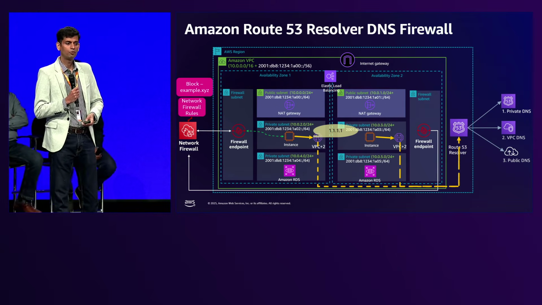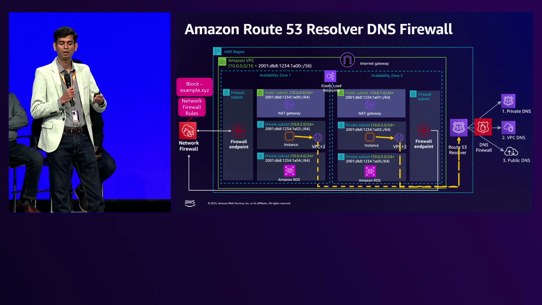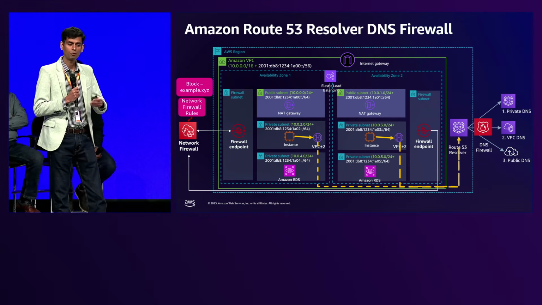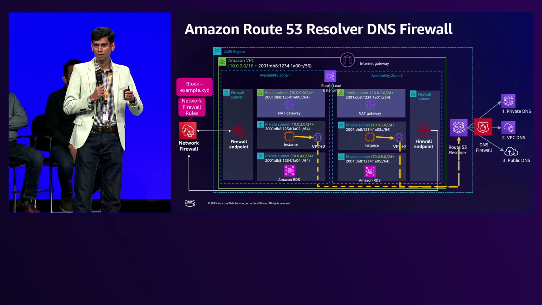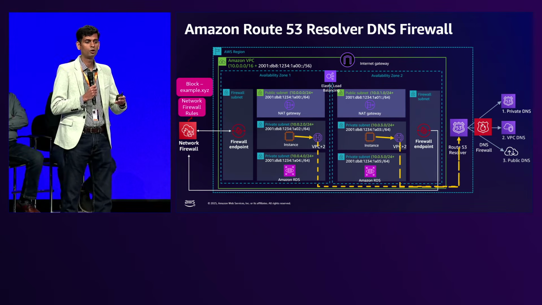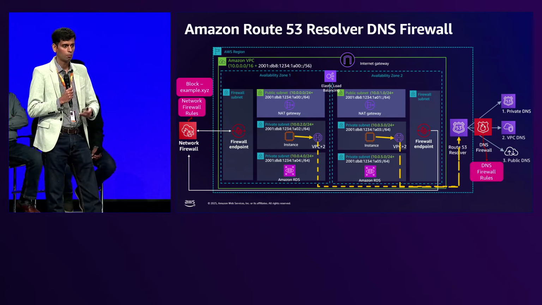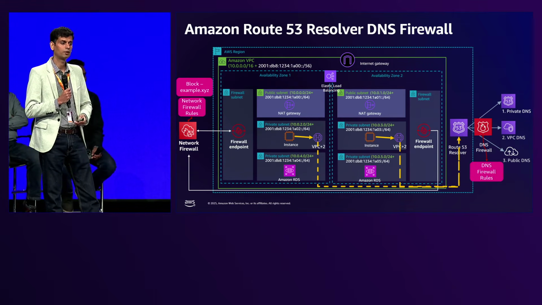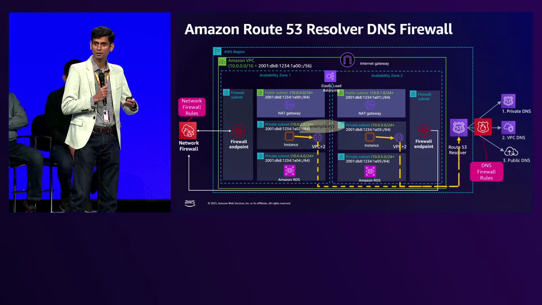This is where Route 53 DNS Firewall comes into the picture. It allows you to monitor, allow, or block DNS domain names, and provides that essential control even before the connection is established. Unlike Network Firewall, which can inspect network packets, DNS Firewall is more domain aware. So you can put DNS Firewall rules blocking, in this case, example.xyz, and it will make sure that query gets blocked.